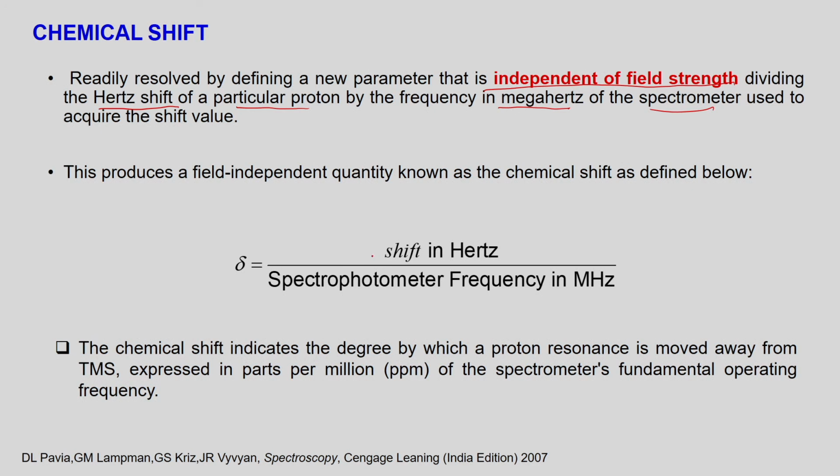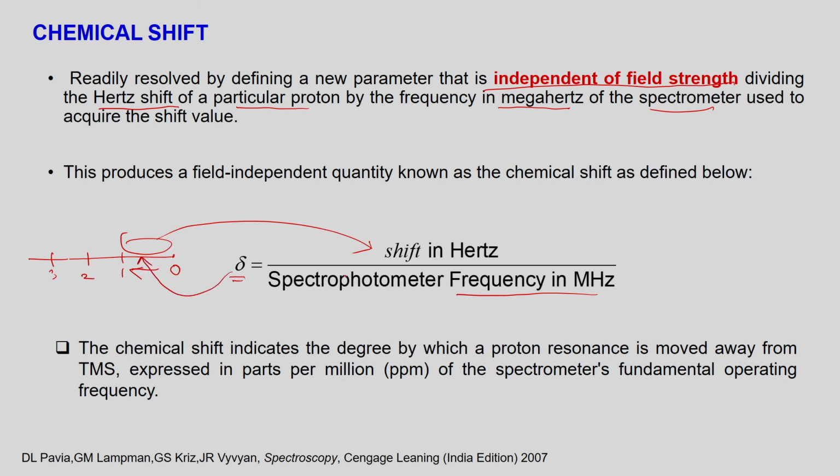Let us say the shift goes from 0 to this part: 1, 2, 3. Suppose this is a shift, it is in hertz. For example, we can convert it into hertz, and the frequency is what you are applying through the instrument. If you divide them, this becomes the shift, which is related to this distance.